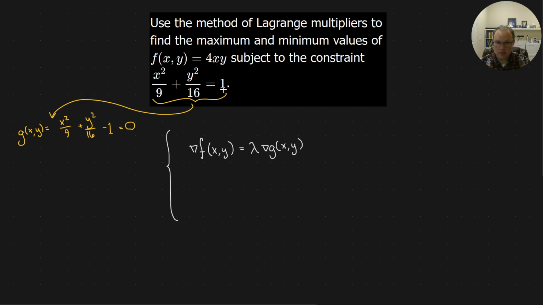That is our constraint. All I did here is move this 1 over so that we have the way we traditionally express the constraint equation: some function equal to 0. So this is our g of xy. And then we need one other equation, and that is the constraint equation itself.